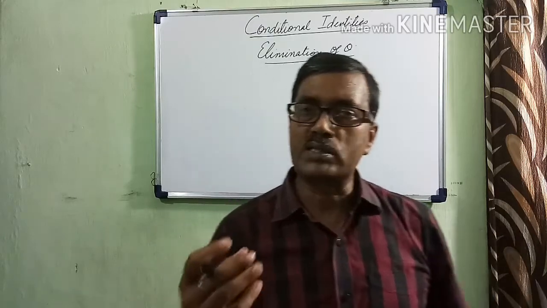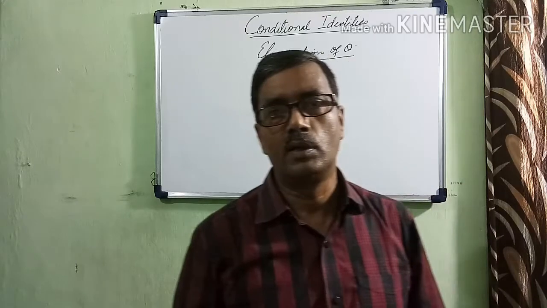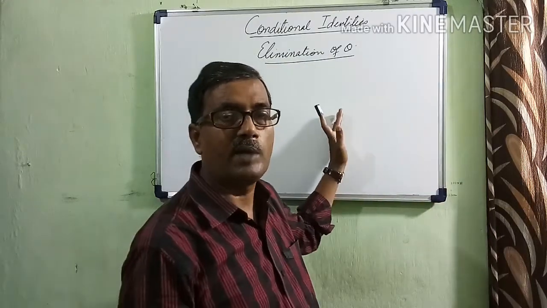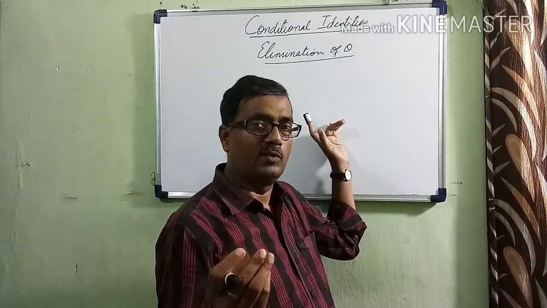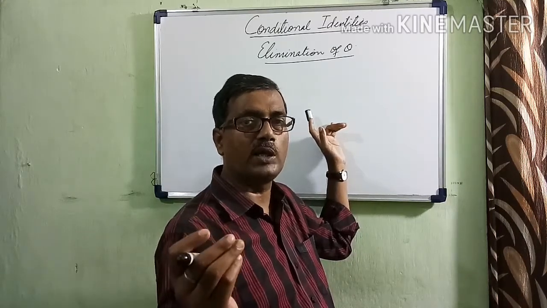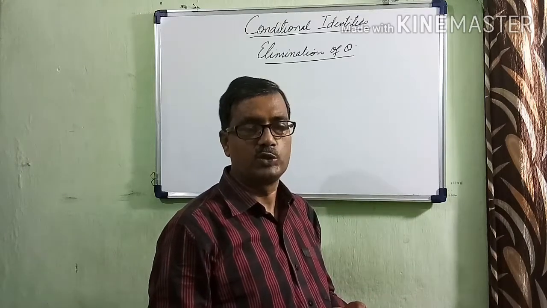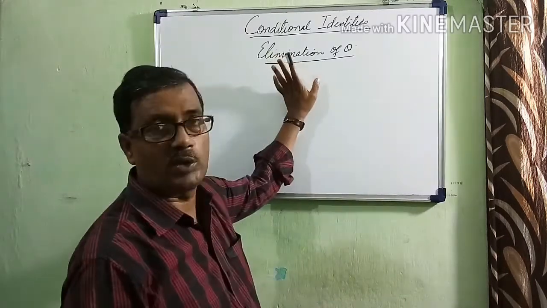What kind of mathematical operations shall be done so that theta can be eliminated, or any variable can be eliminated? That means the angle of the trigonometric ratio. So this is what this particular topic is about.